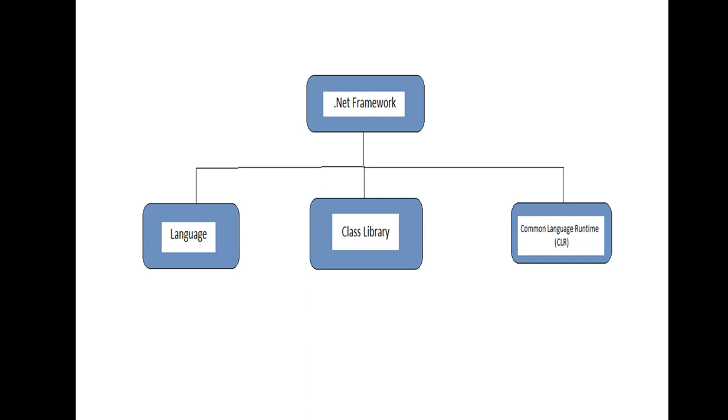Then it comes to language. As I mentioned before, .NET framework itself has its own three languages. We will discuss those later. There are also managed code and unmanaged code, and we will cover those in a later session too.